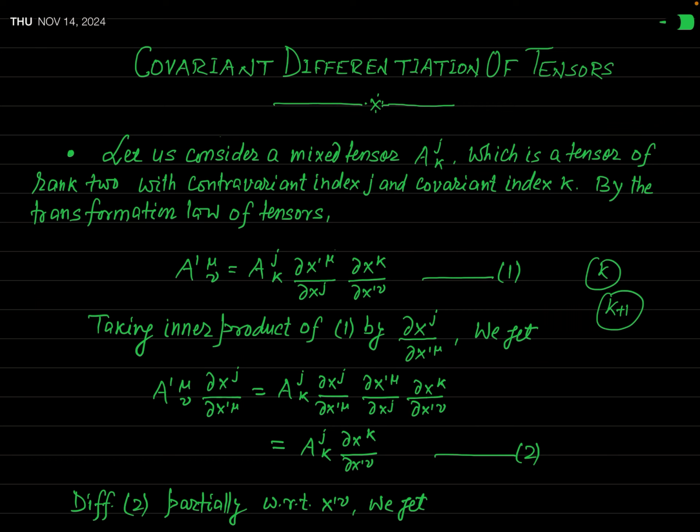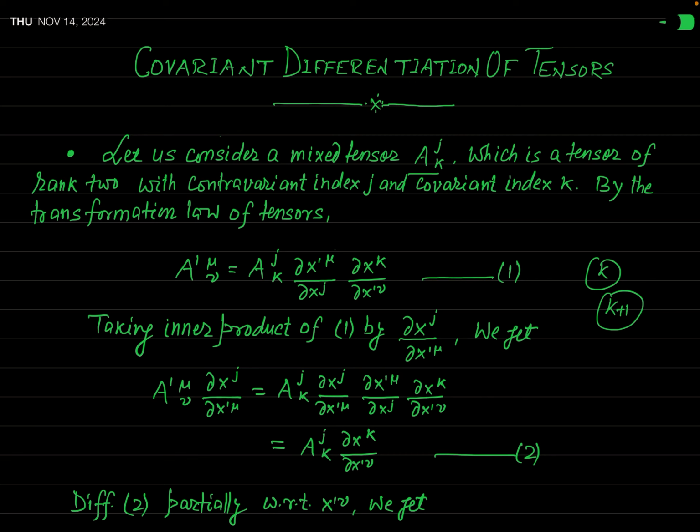Okay. So for getting the general result, or how we can find the covariant derivative of a general tensor, we consider again a simple situation. Let us consider a mixed tensor A superscript j and subscript k. It means here j is the contravariant index, and k is the covariant index.